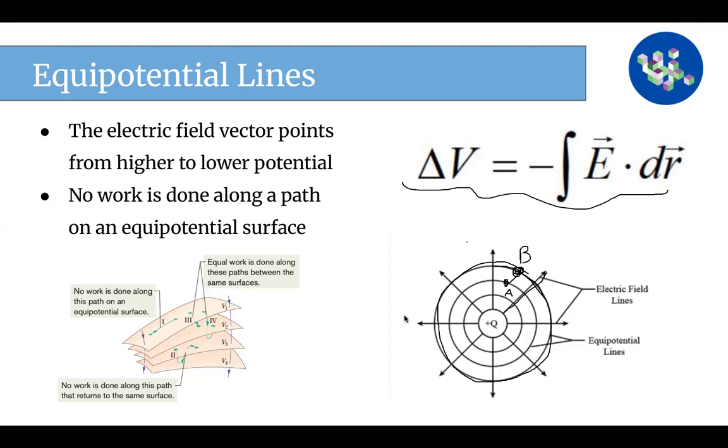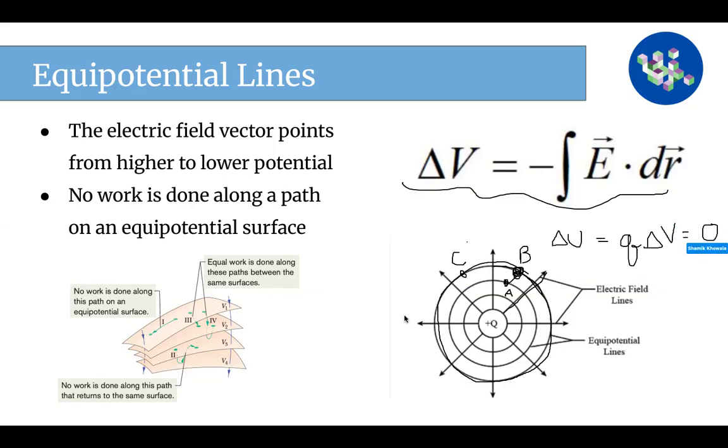So the voltage at C will be the same as the voltage at B. And because of this, looking at between B and C, delta U equals Q delta V, and since delta V is 0, this equals 0.